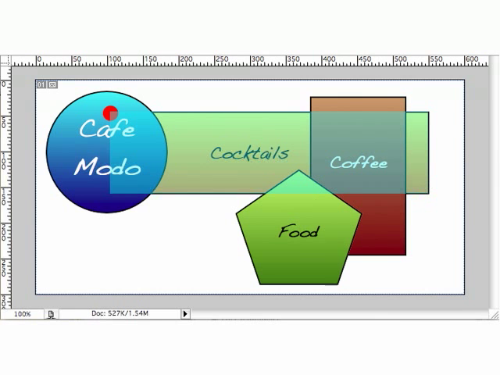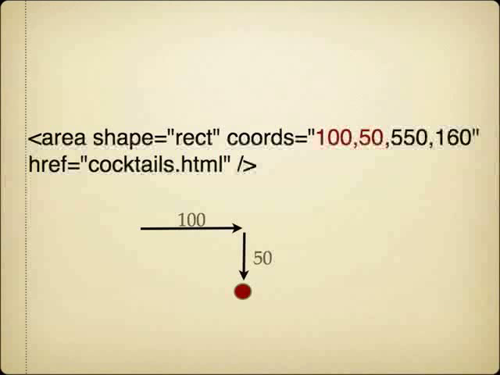So let's specify the top left point. That point is 100 pixels from the left of the image, and it's 50 pixels from the top edge of the image. So it's 100 pixels over and 50 pixels down. So this gives us 100, 50 for that point.